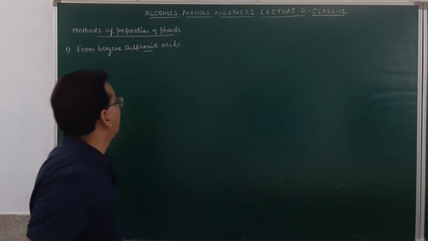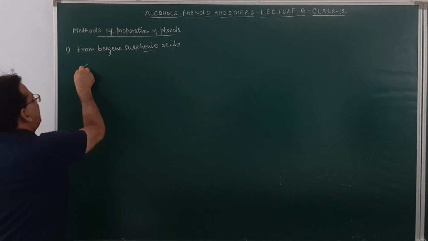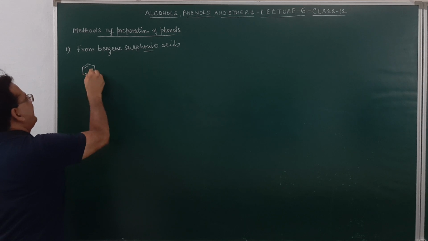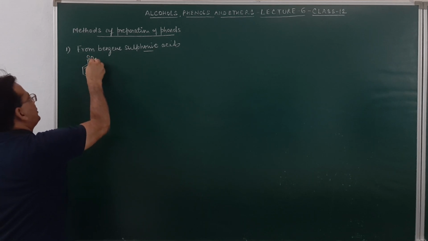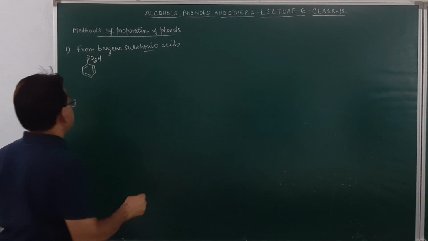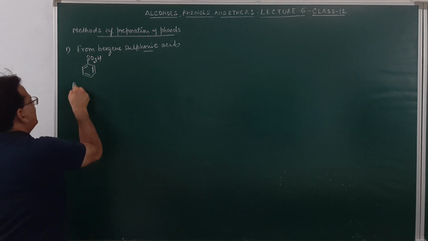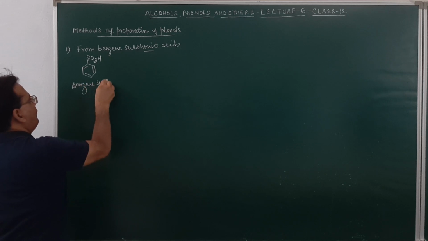See over here. Benzene sulfonic acid is C6H5SO3H.